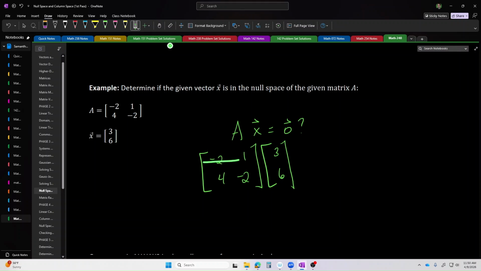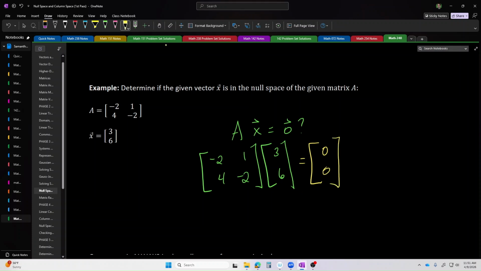So using the standard dot product process, if I multiply the first row by this column vector, I get -6 plus 6, which is indeed equal to 0. Similarly, if I do the second part, where I dot the second row times this vector, then I get from that action 12 minus 12, result again 0.